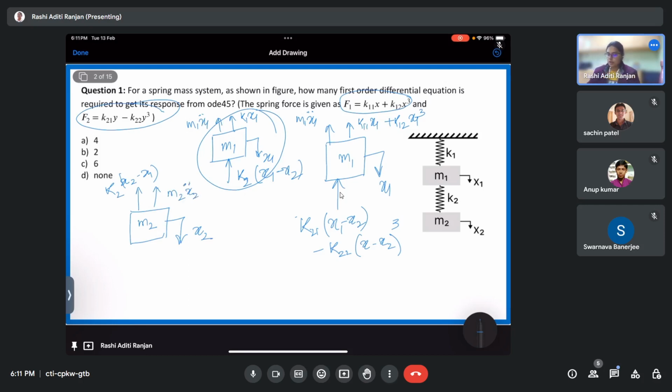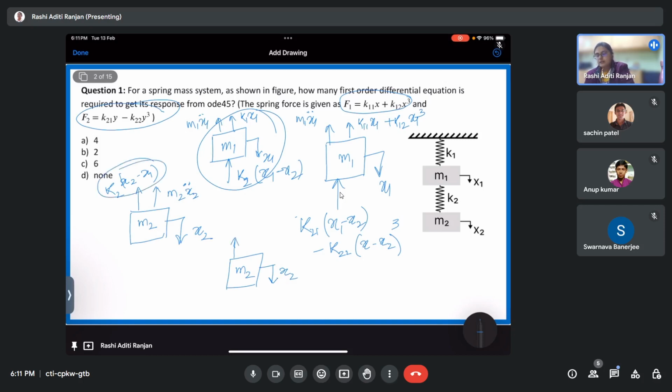M2 X2 double dot. So again, if I take the analogy, what is going to happen? This is M2 X2, then we'll have the spring force.